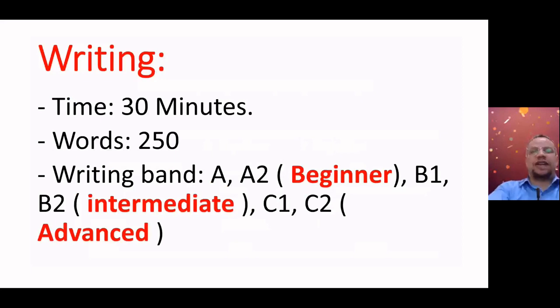In writing, you will get a band at the end if your answer is okay. Maybe your score is A1 or A2 for beginners, or B1, B2 for intermediate, or C1, C2 for advanced. So C2 is the top score in writing, C1 is below C2, and it's advanced level.